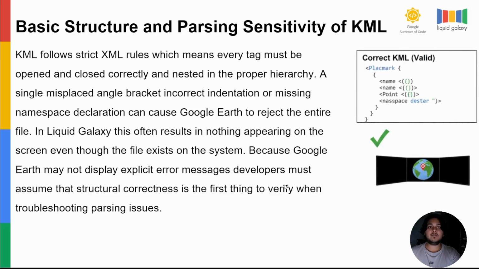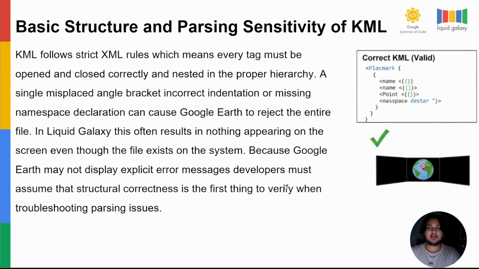For example, if we forget to close a tag or if we close it in the wrong order, the entire document becomes invalid. Even very small issues can break the file. A small misplaced angle bracket, an incorrect indentation, or a missing namespace declaration can cause Google Earth to completely reject the file.